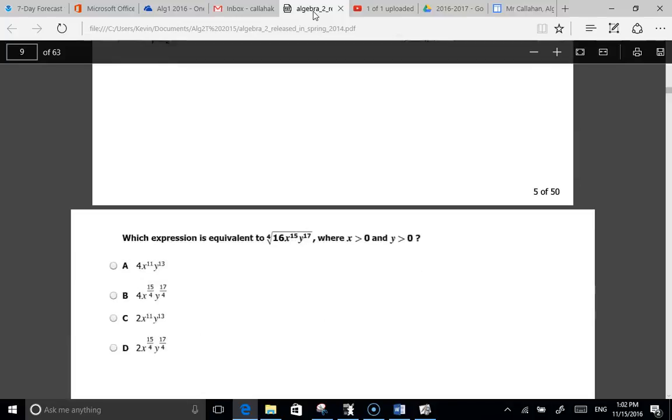Which one of these rational exponent forms is the same thing as that? I mean, as long as you've got the index. The index is the denominators. The numerators are the powers, 15 and 17. And then the 4th root of 16 is 2. So that would have given us that one right there.